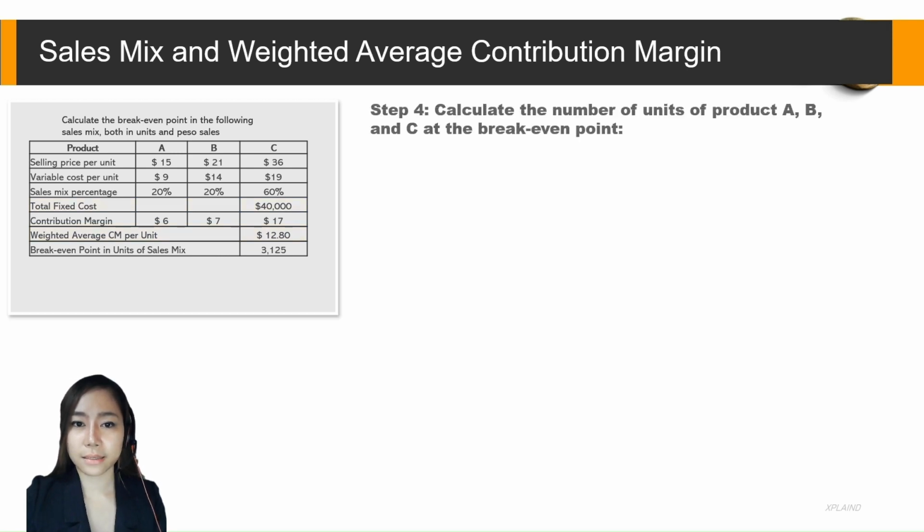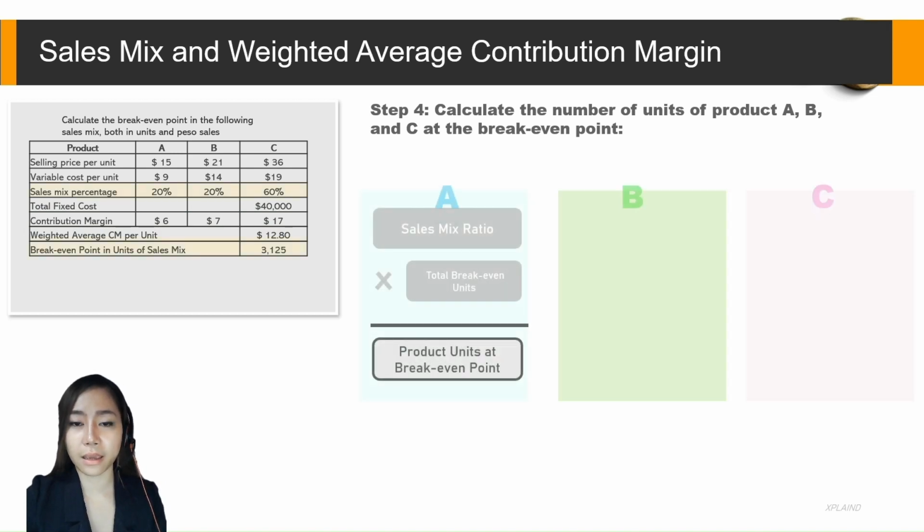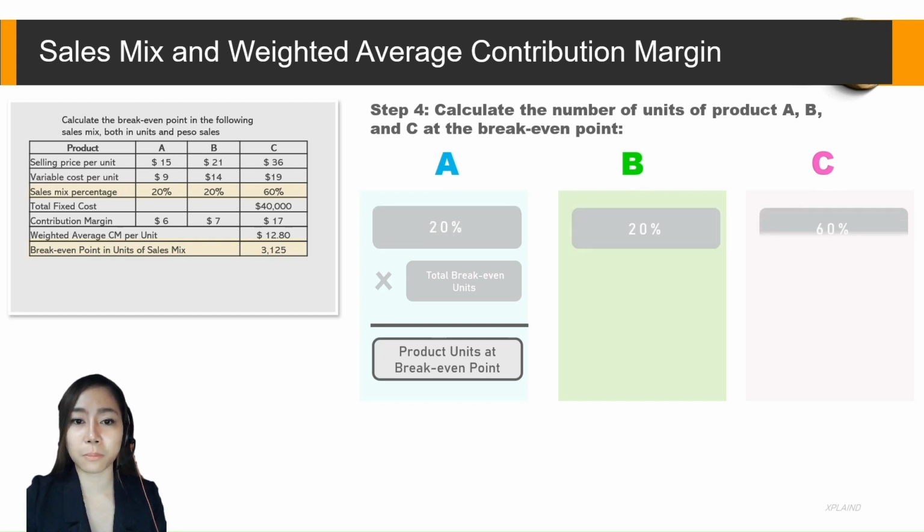So next is step 4. After that, you calculate the number of units of product A, B, and C at break-even points. So sales mix ratio multiplied by total break-even units equals product units at break-even point. So for A, its sales mix ratio is 20%, B 20%, C 60%, and multiplied by break-even units, which is 3,125.